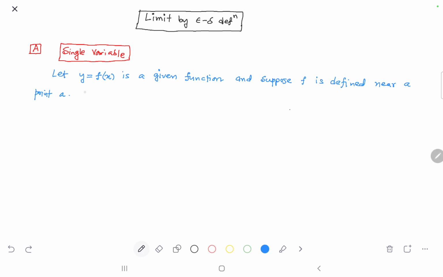So we are interested in the value of f(x) when x takes values near a.